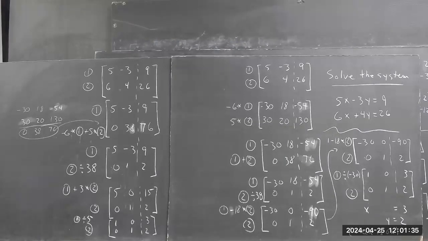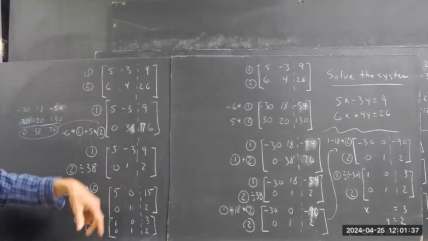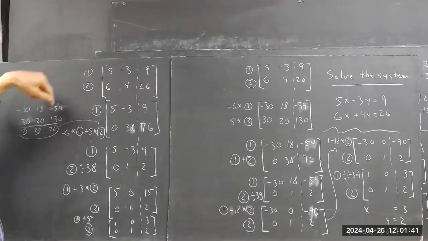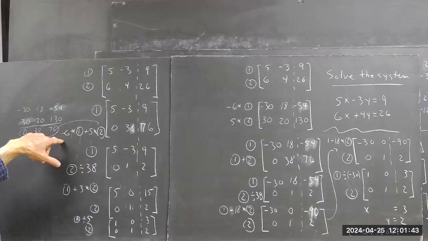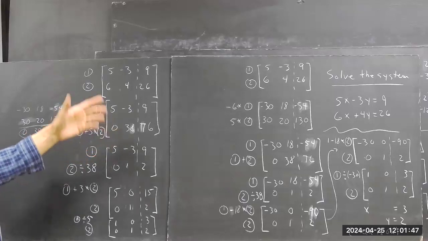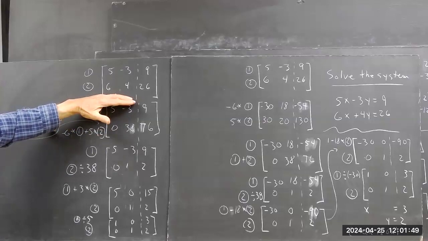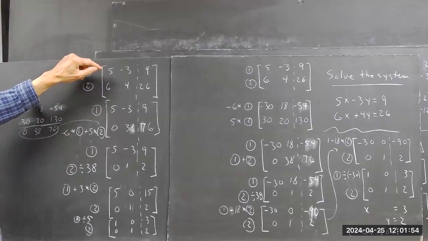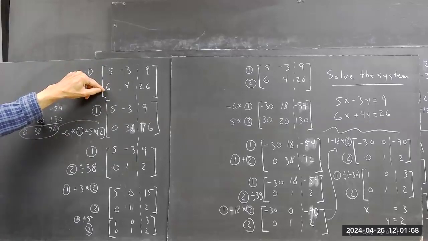A little hesitation here, partly because I'm garbling things, and I do apologize for that. Why did we multiply -6 times row 1 plus 5 times row 2? It gave us 0. Why? How could we see that if we didn't know to do that, if I hadn't told you? We just look here and say, well, 6 times 5 is 30. 5 times 6 is 30, right?